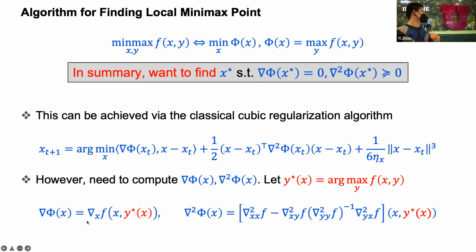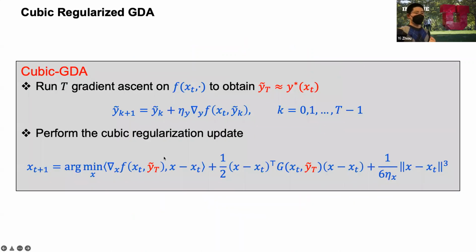Once we have this approximated gradient and Hessian, we can use them in this cubic regularization update. So you can see that we substitute this approximated maximizer into the cubic regularization update. And this is the overall algorithm of cubic GDA.